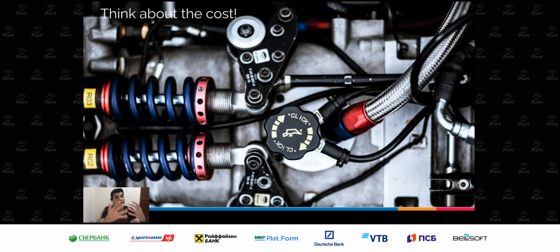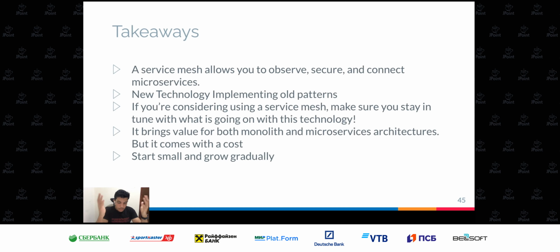Service mesh is a new technology, and there's a lot going on in the service mesh ecosystem, and you have to keep up with the new stuff. You need to wait for your DevOps and Ops teams to master the technology before going to production, and think also about the environment drift cost as well.